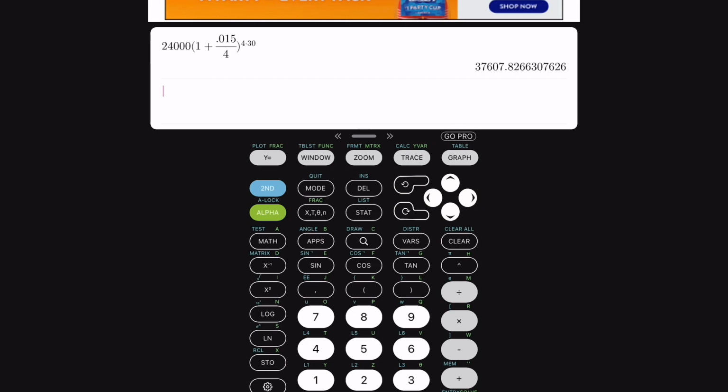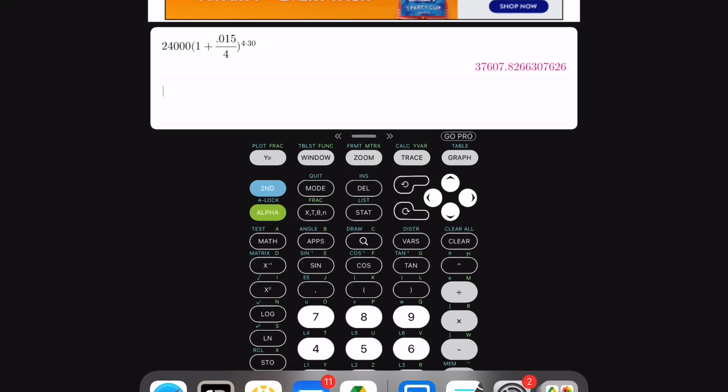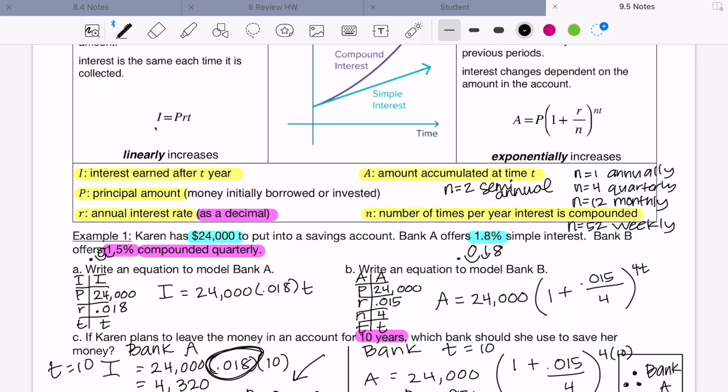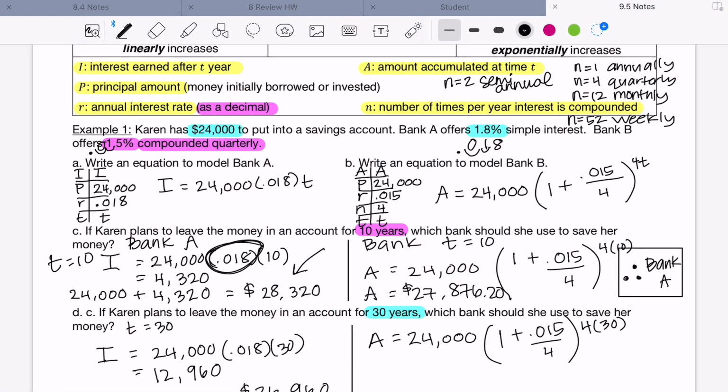And here's where we have to really look at that, because we're at 82 cents, but the 6 right there is going to make that 2 become a 3. So on our total here for B, it's going to be $37,607.83. So which account makes more money? The account that makes more money is this one. So we are going to say that this time she should use Bank B.